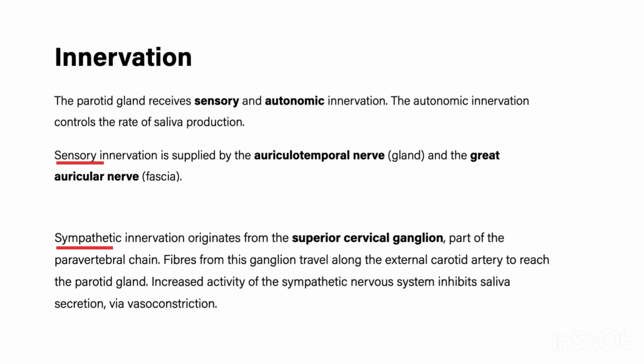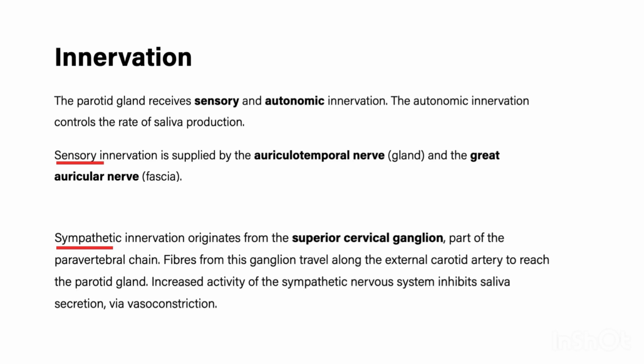The most important thing now, the innervation. Whenever we talk about innervation, we will basically talk about sensory innervation and autonomic innervation. Autonomic will be further divided into sympathetic and parasympathetic. Just one thing to remember, that the autonomic is the one which is responsible for the control of the rate of saliva production.